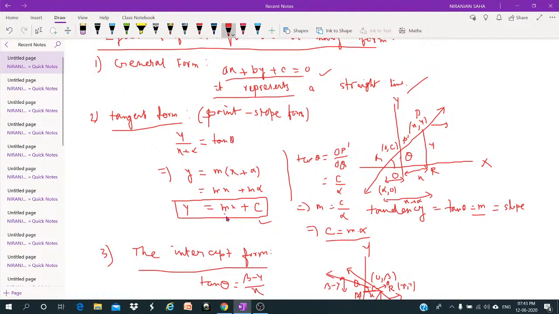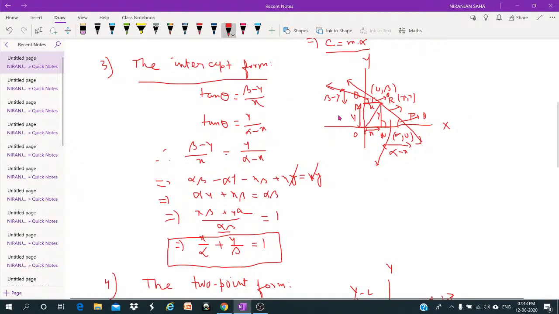m is the slope of the straight line, and c is the intercept on the y-axis. So this is the slope form.